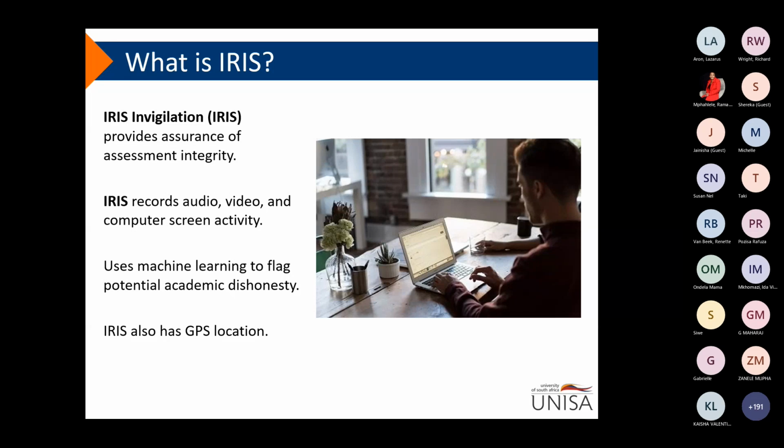IRIS also has a GPS location system built in, so we can determine where students were sitting in close proximity. And if we can see that you were sitting in close proximity, we can, through the videos, determine whether you were talking to other people or other students.